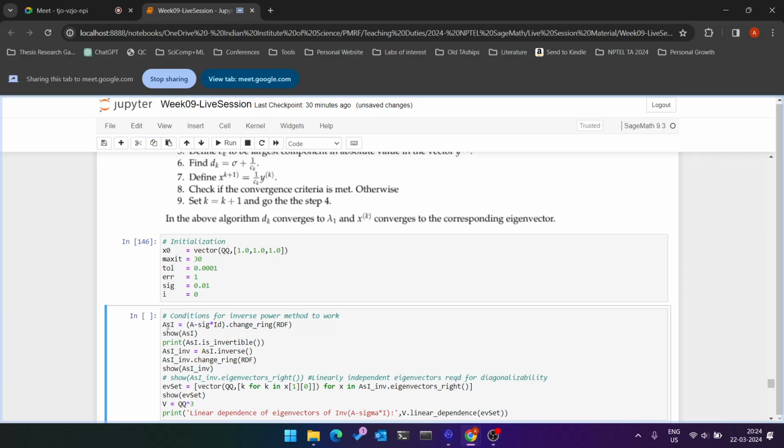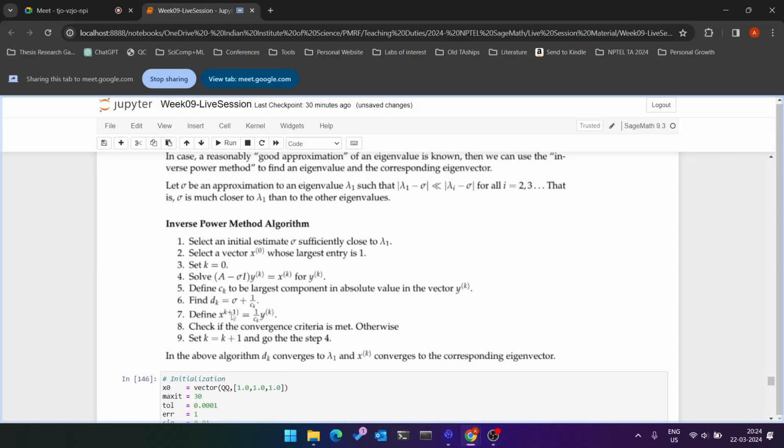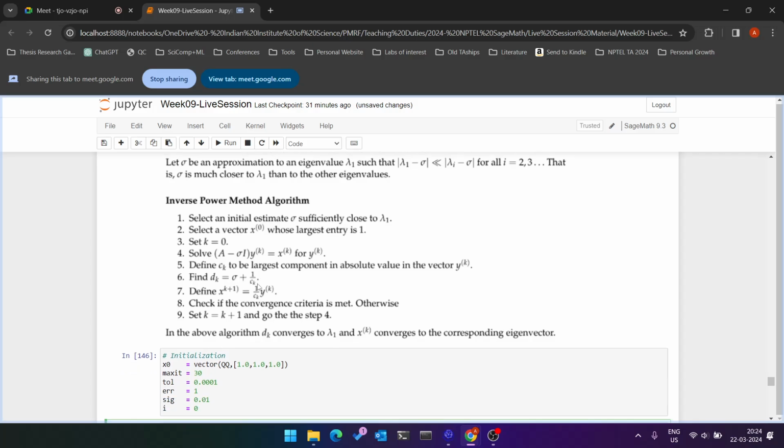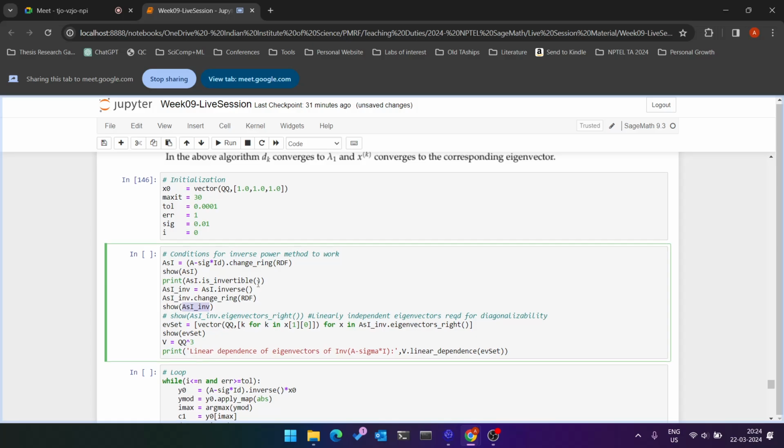Next, we specify the matrix ASI as A minus sigma I, and we check if A minus sigma I is invertible, then we calculate its inverse. And so this should give us the A minus sigma I matrix that we have here, and then the inverse of A minus sigma I. Then we wish to check if its eigenvectors are indeed linearly independent, which is the required condition.